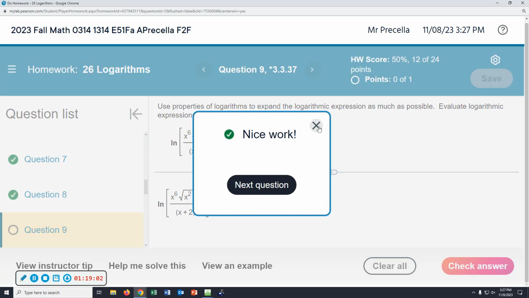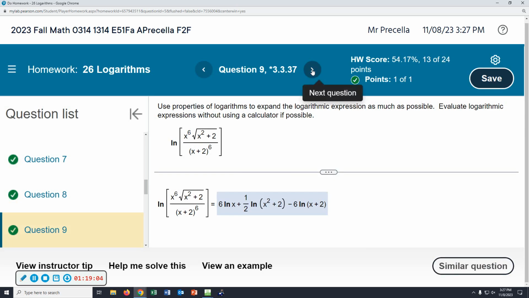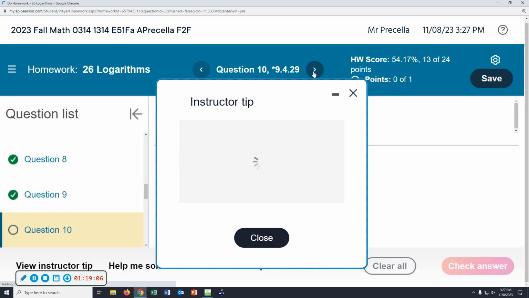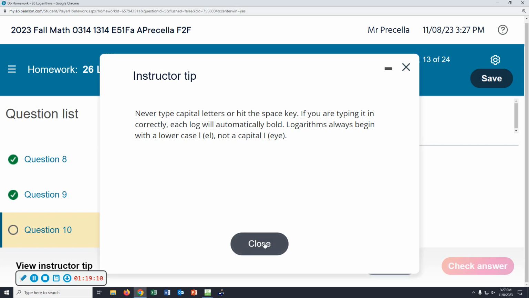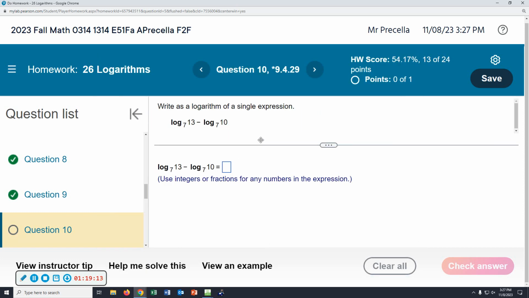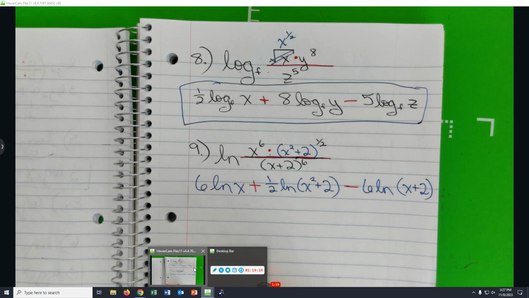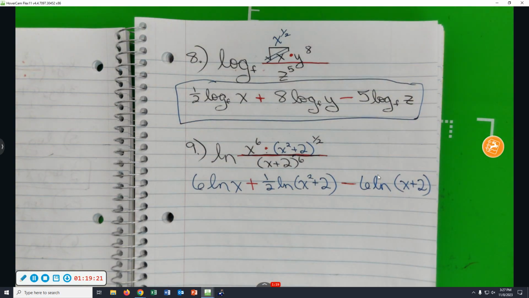In algebra, you always do it one way, then do it in reverse. We're now going to go backwards. We started off expanding: we took one logarithm and wrote it as multiple logarithms. Now we're going to take the multiple logarithms and write them as a single log.